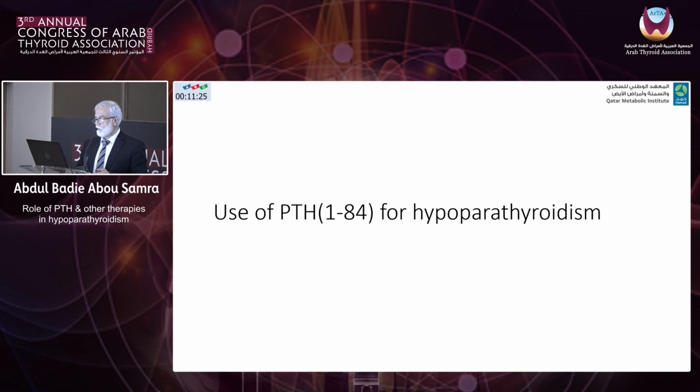How about 1-84? 1-84 is the natural peptide. By the way, when we think about parathyroid hormone 1-34, we think it is actually a natural product of the gland. No, it is not. The reason 1-34 is used is that the first person who tried to synthesize PTH chemically could not do it beyond 34, so it stopped at 34.